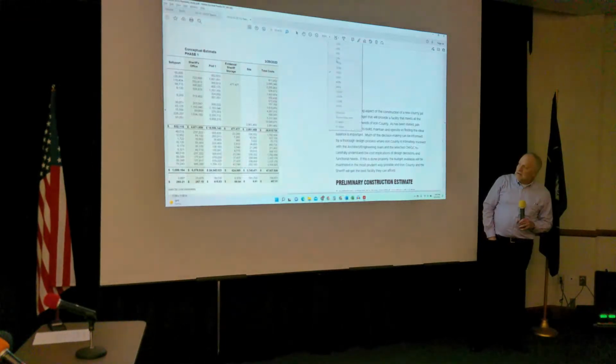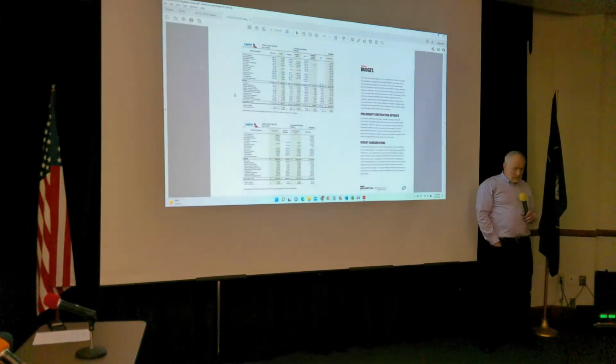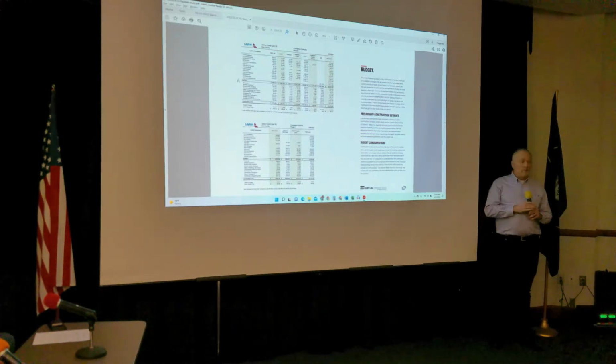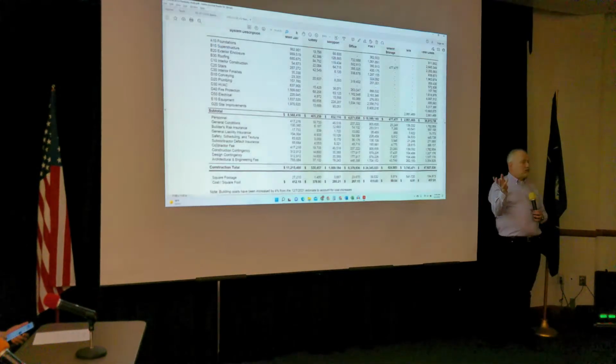Okay, so Layton Construction Company was kind enough to help us with some ballpark cost estimating for a couple of the schemes that were discussed. It's basically based upon the 1-pod and the 2-pod option.